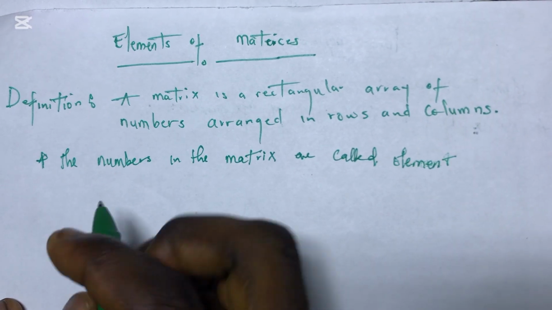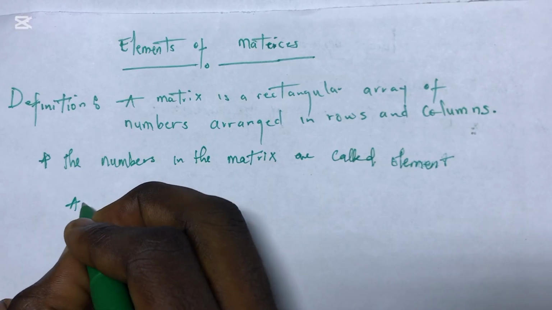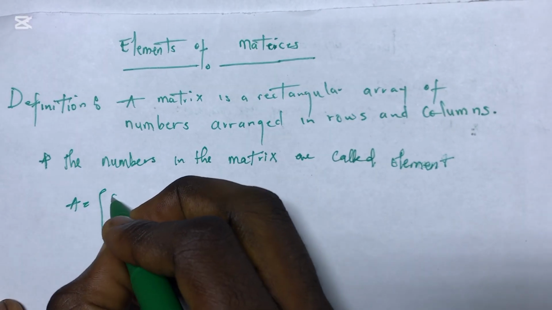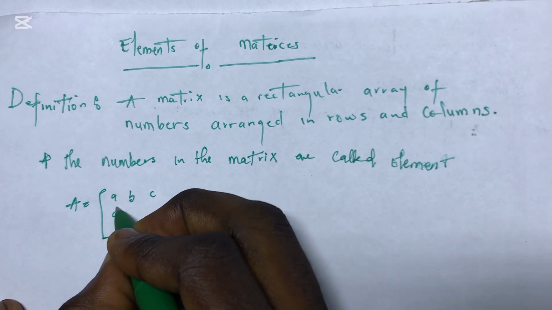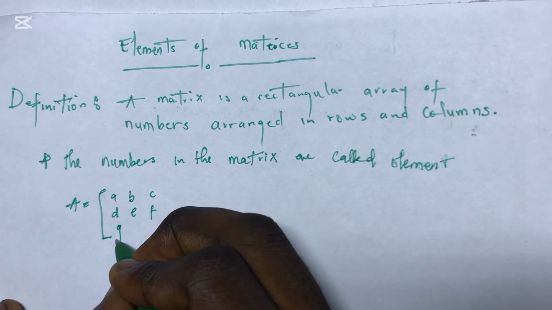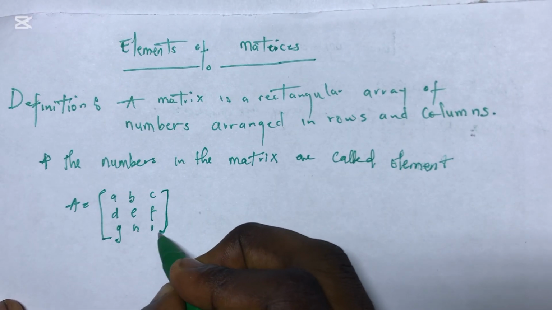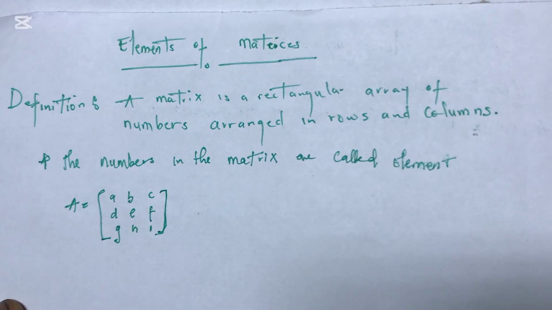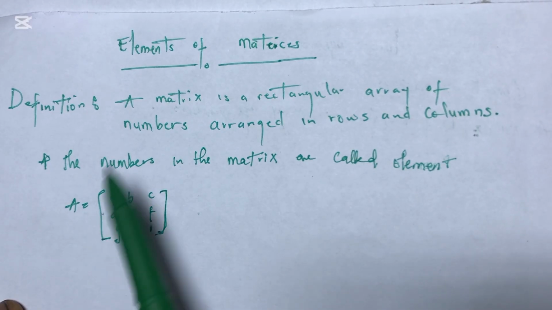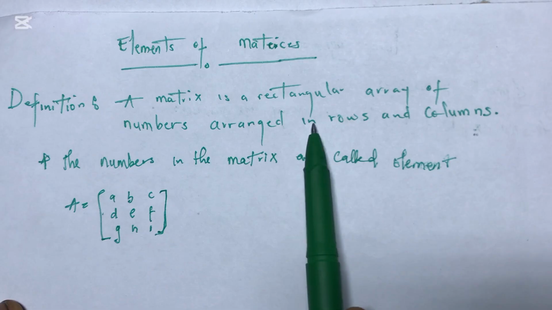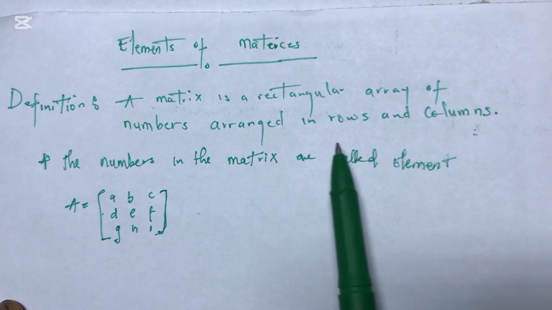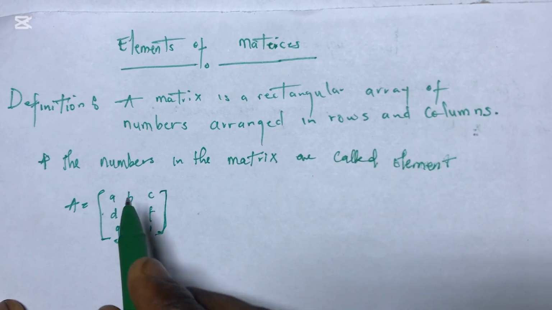Alright, so let's see an example of a matrix. Let's say we have a matrix A. We have A, B, C, D, E, F, G, H, I, for instance. Are you seeing it? From the definition, a matrix is a rectangular array of numbers arranged in rows and columns.